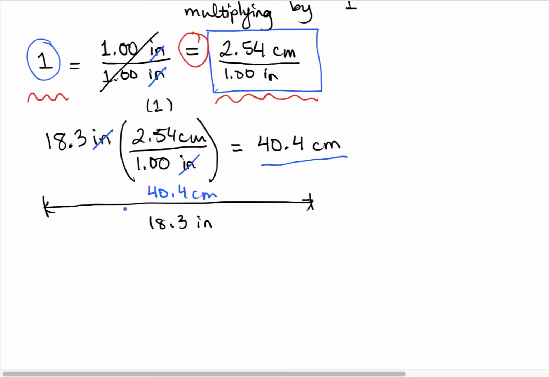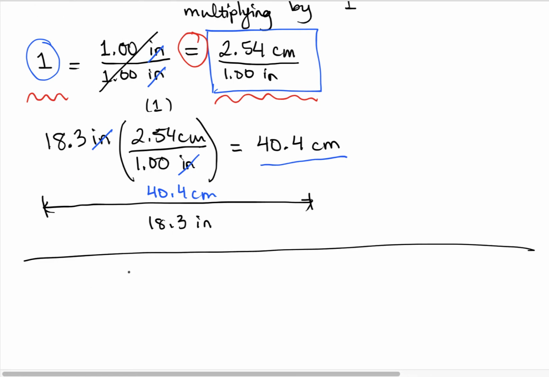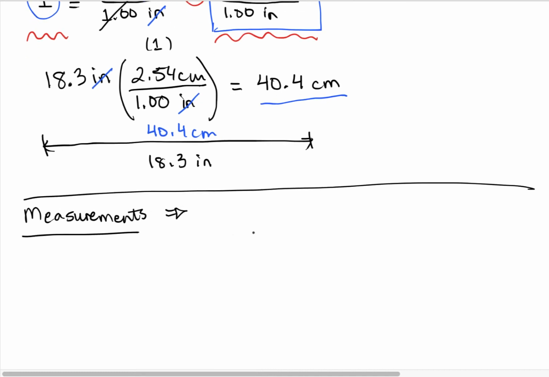Okay. Now, we've talked about some dimensional analysis, and I want to talk a little bit more about measurements as well. So when we take a measurement, we are going to have some kind of a unit unless it's a counted number. So, for example, if I look around the classroom, I might count 14 students in the classroom.